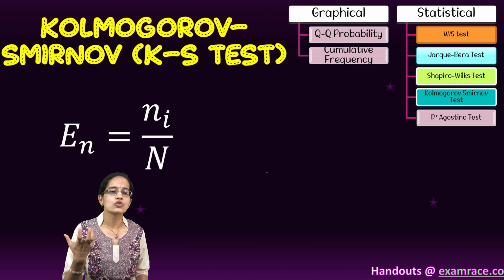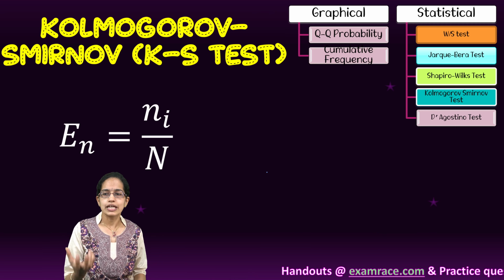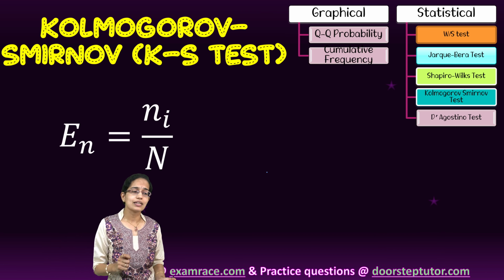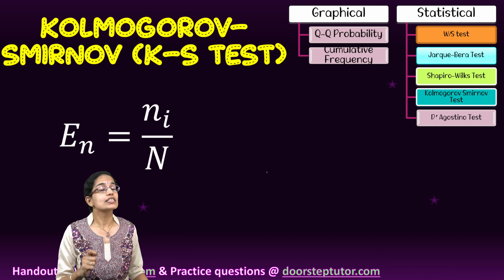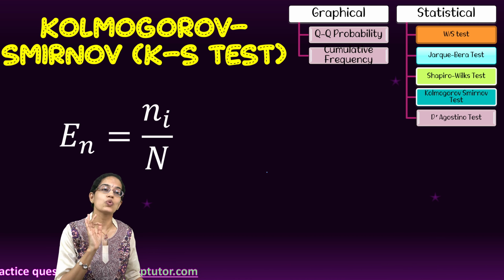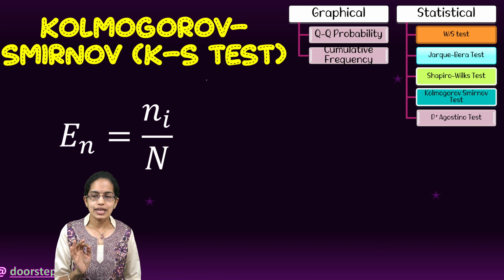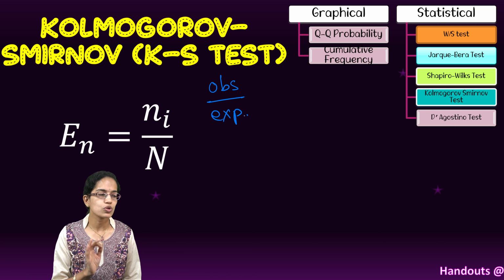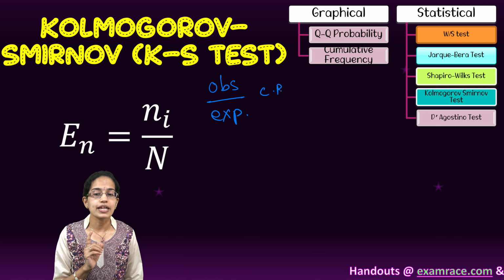The next is the Kolmogorov-Smirnov test, which is also known as the KS test. This is another important test which is used through the SPSS software and commonly applied, but you need to understand the logic again. In this case, we have the observed to the expected values of the cumulative relative frequencies.